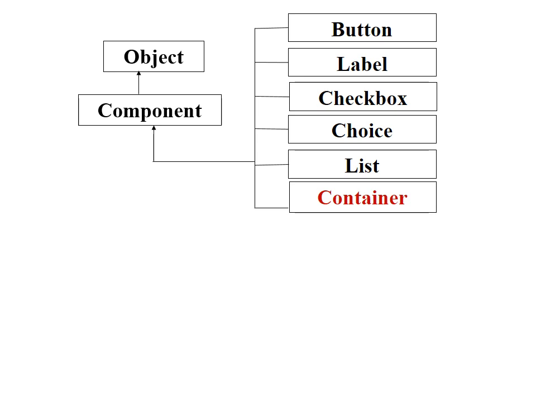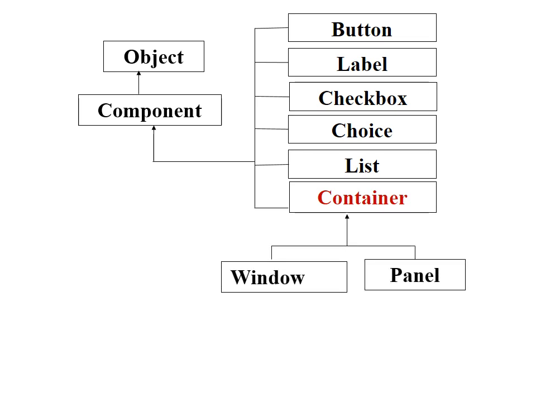Container class is a subclass of component. By using its methods, we can display the various other component classes. This container is further subdivided into two other classes known as window and panel class.